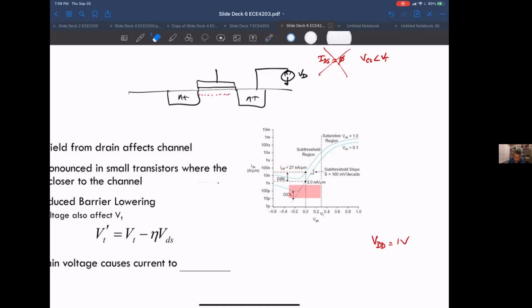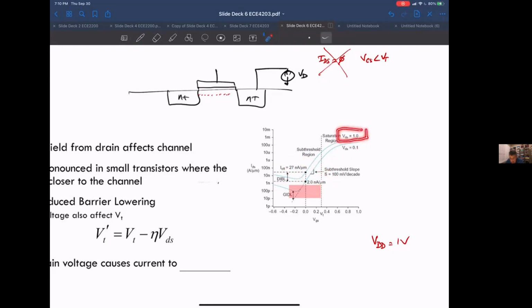And when the drain source voltage is 0.1, you get a leakage current of 2 nanoamps. That's obviously about a factor of 10 difference in leakage current between those two drain source values.